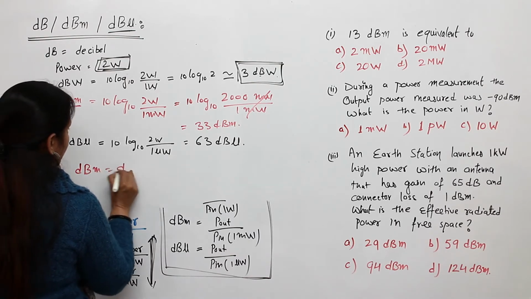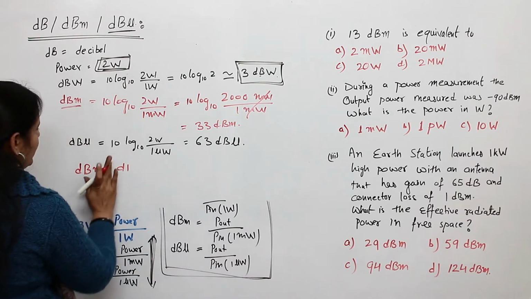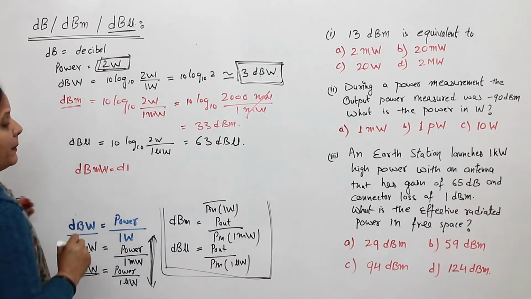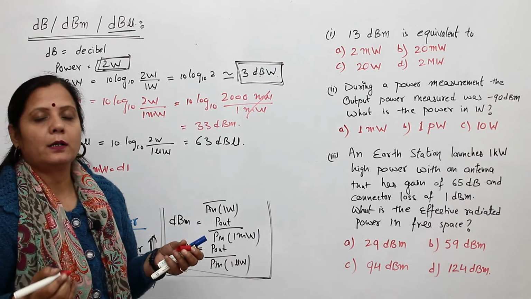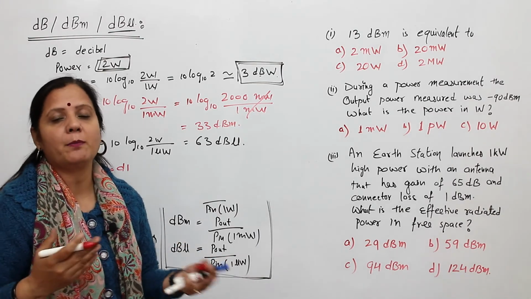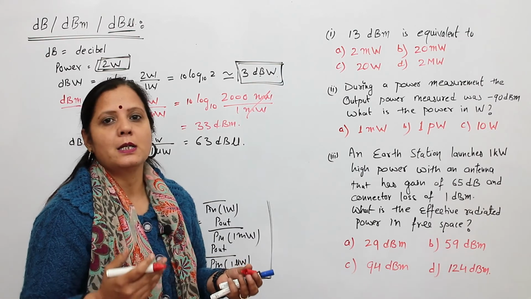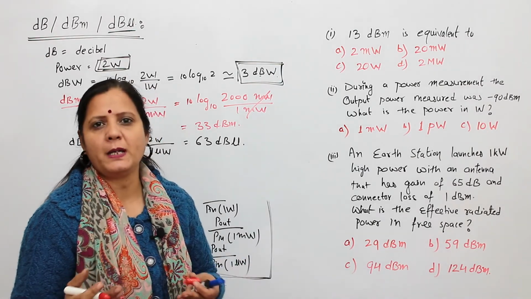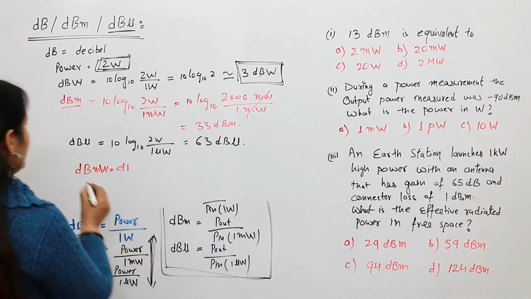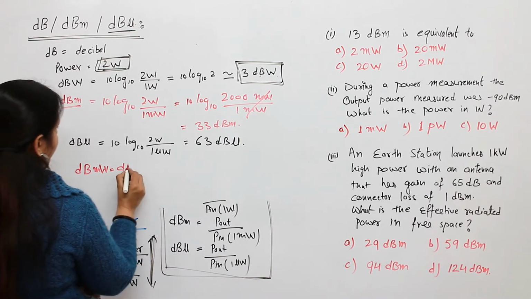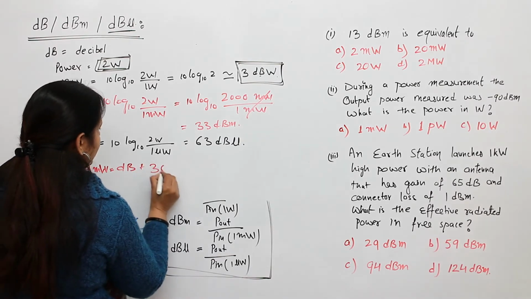dBm in terms of dB watt. When we are describing power in communication, we describe it with the unit dBm, dB microwatt or dBW. And when a numerical problem handles the terms dBm or dBW, how can you directly convert? dBm will be dB watt plus 30.